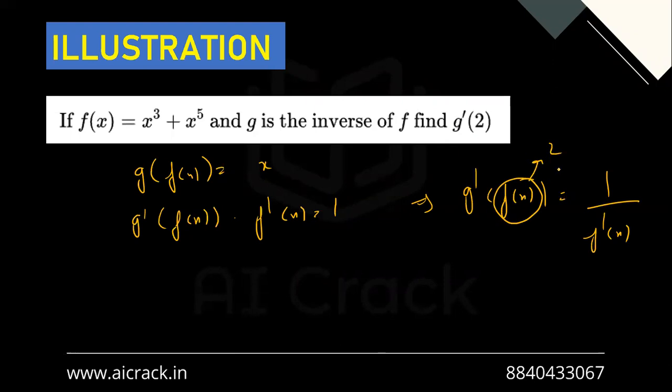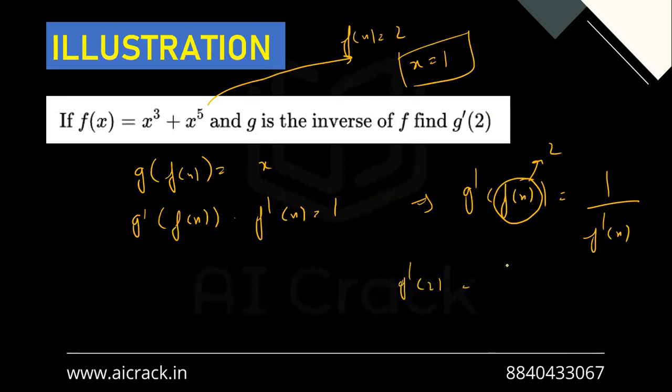So basically f(x) has to be 2. Now we can clearly see that f(x) equals to 2 for x equals to 1. For x equals to 1, f(x) equals to 2, and we are plugging it over here. So basically we have to plug x equals to 1 over here. So g dash 2 would be 1 upon f dash 1.